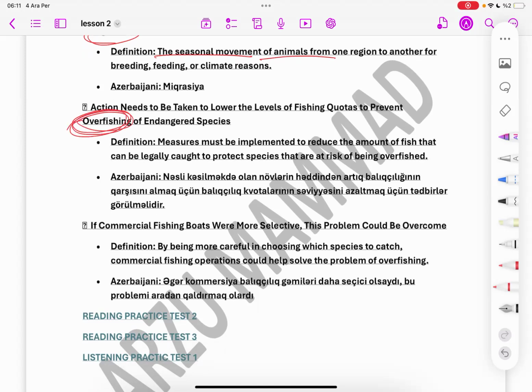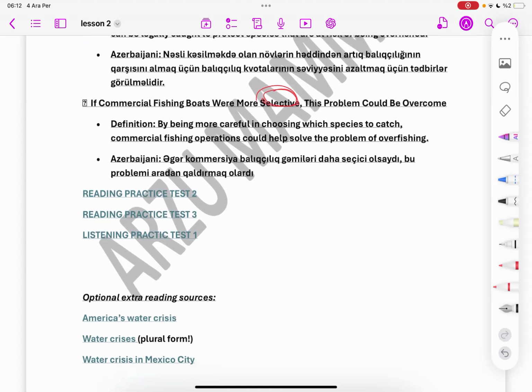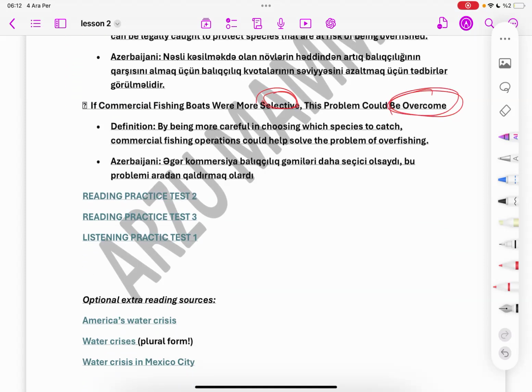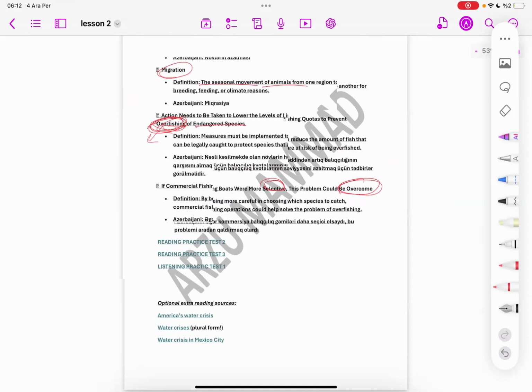Overfishing. You know the meaning of overfish, like when they catch too many fish. In this case, it is overfishing. Okay, endangered species. Selective. Overcome the problem, to solve the problem, to mitigate the problem, mitigate.